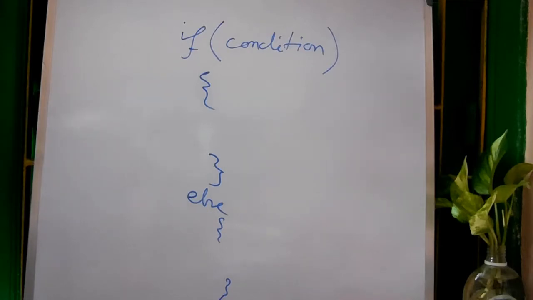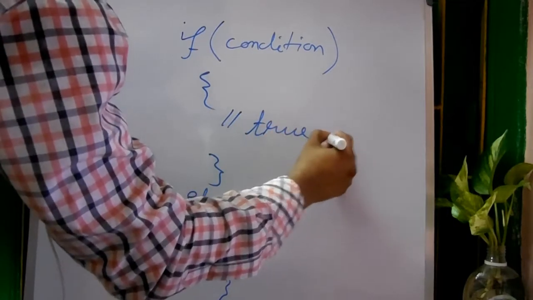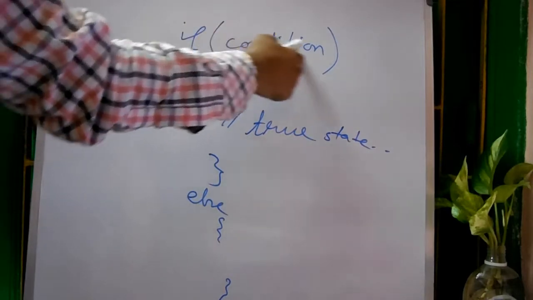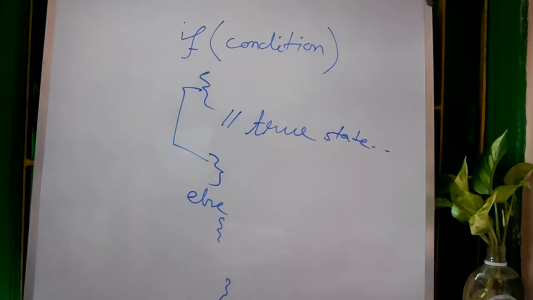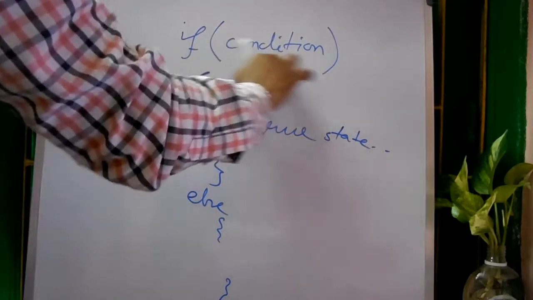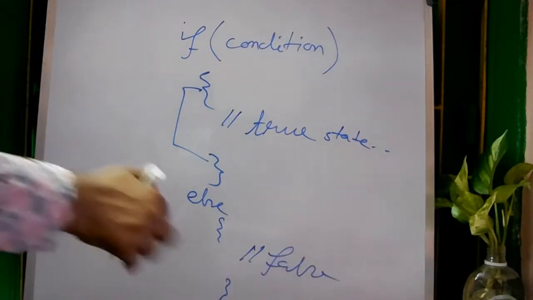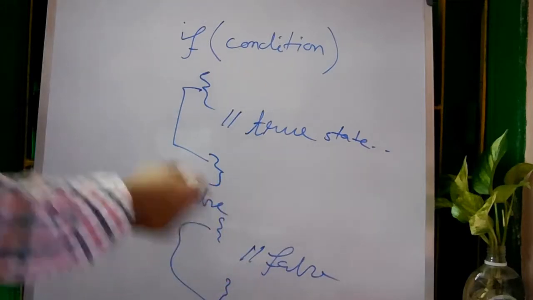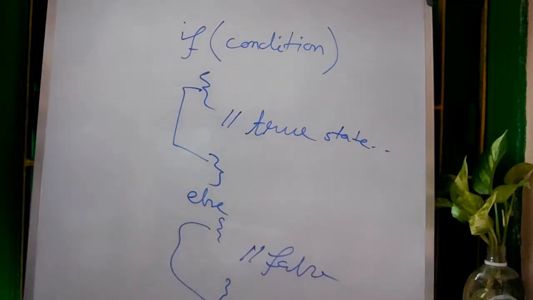In the if block are the true part statements. If the condition returns true, this block will execute, or if the condition returns false, then the false part, whatever statements are given in the else block, will execute.